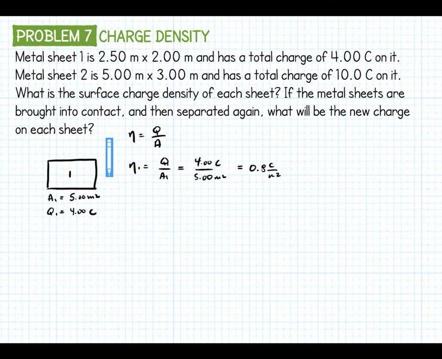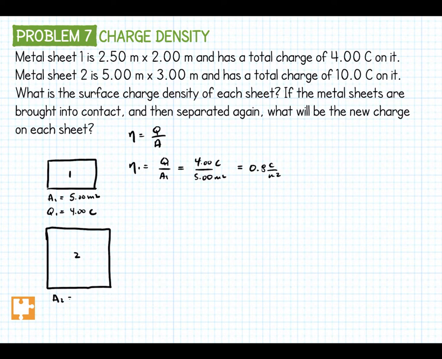giving us 0.8 coulombs per meter squared. We also have this number 2, which is 5 by 3, so a little bit bigger in both dimensions. That means the area 2 is going to be 15, and charge 2 is 10 coulombs.